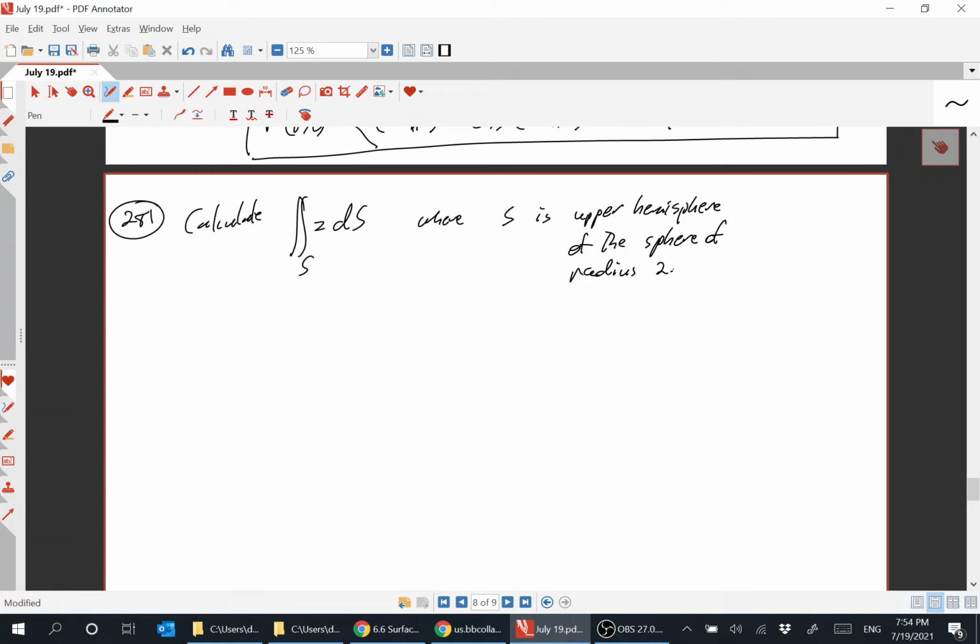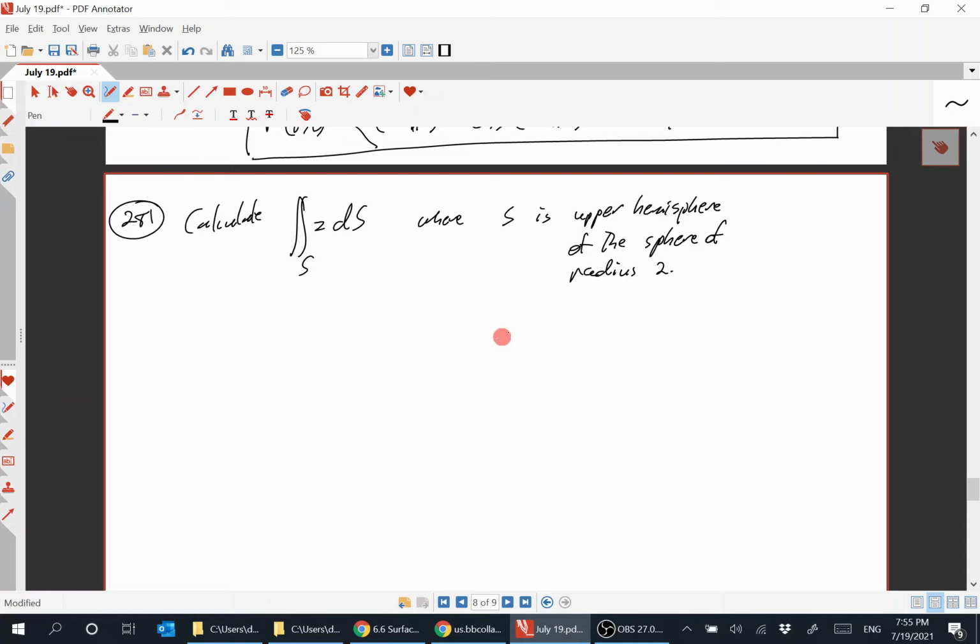Gosh, is there an easier way to do this? I think maybe we'll just try the standard parameterization, because these other parameterizations just look really bad.